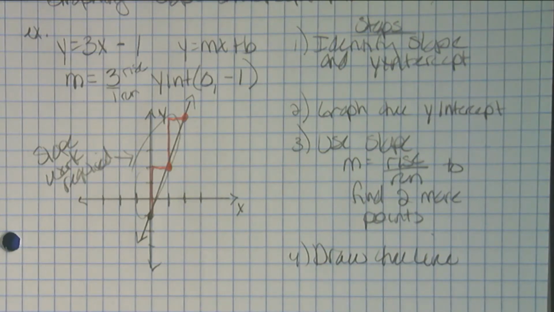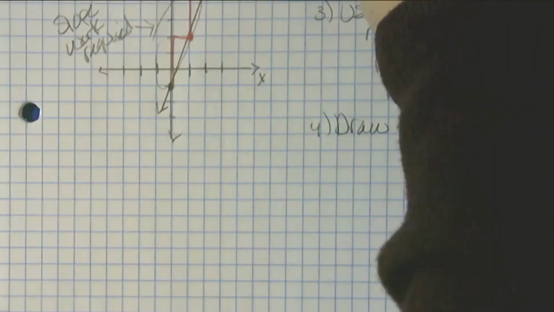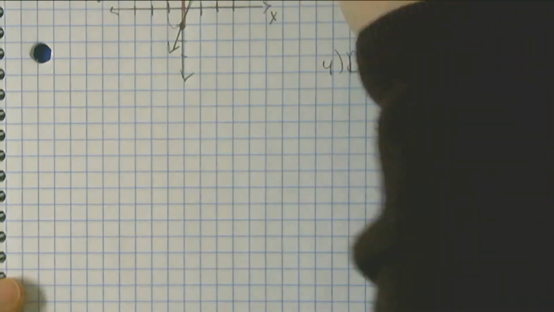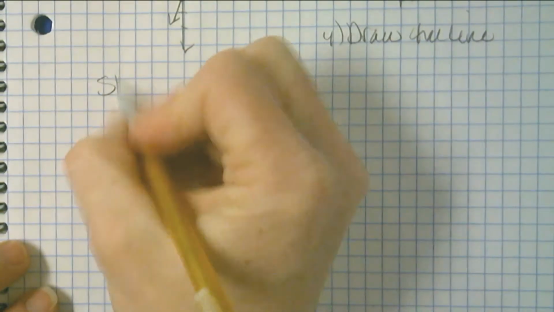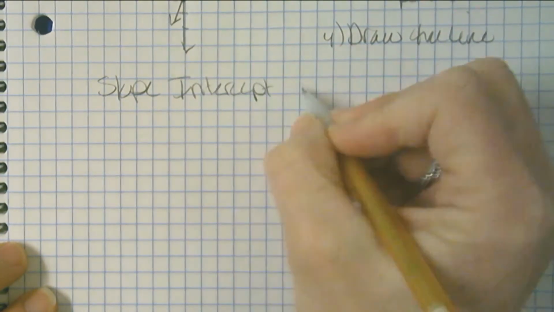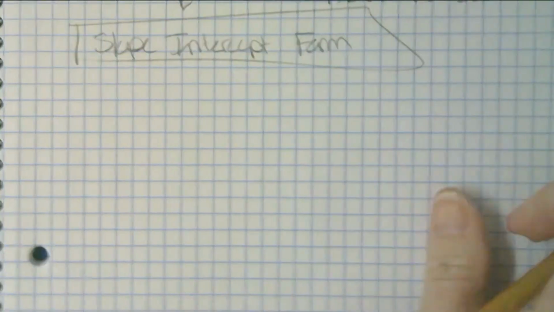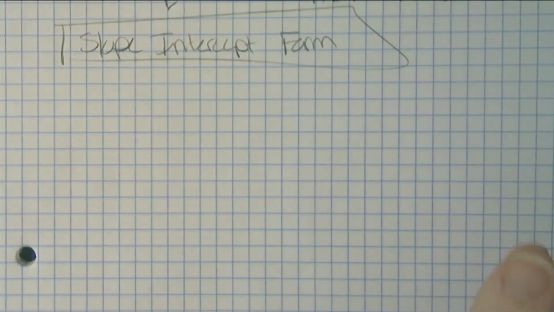So I'm talking story problems. All right, so when we talk about slope-intercept form, what are the 2 key things we need to write a slope-intercept form equation? Chris?